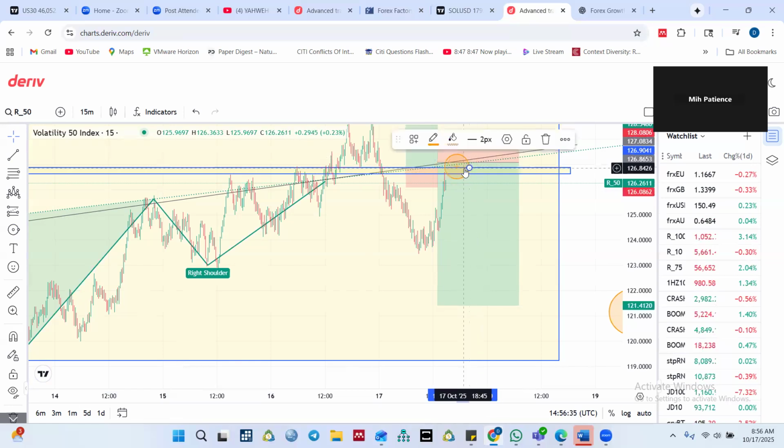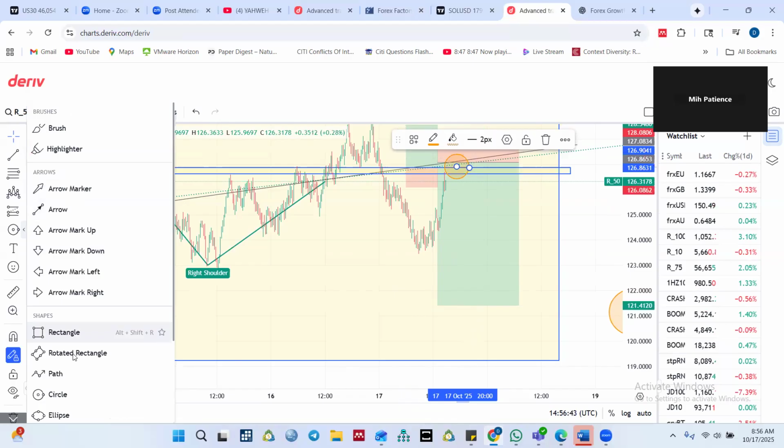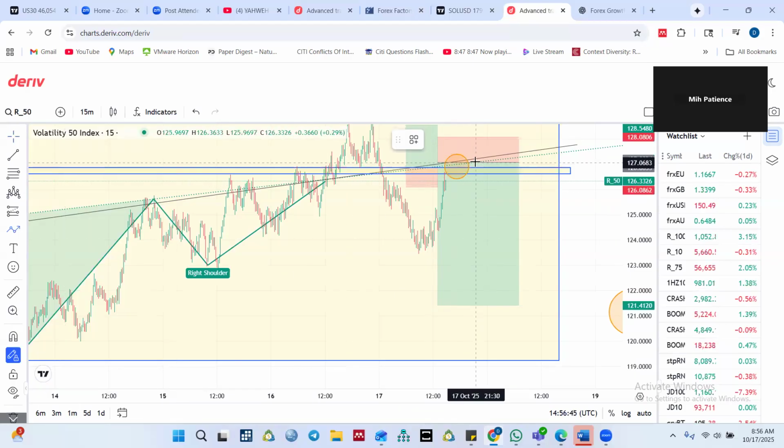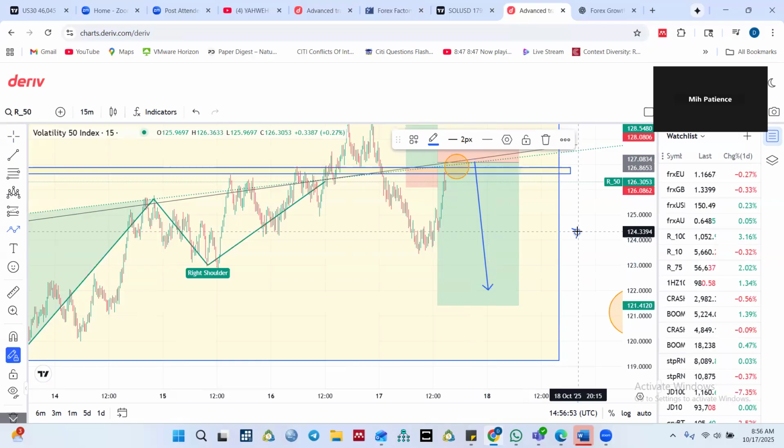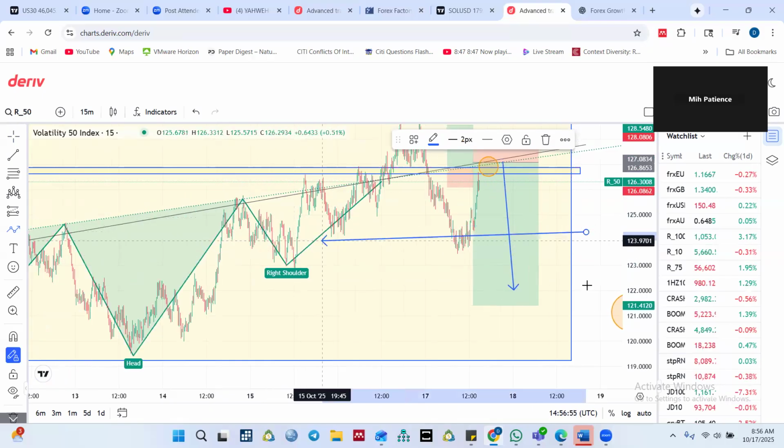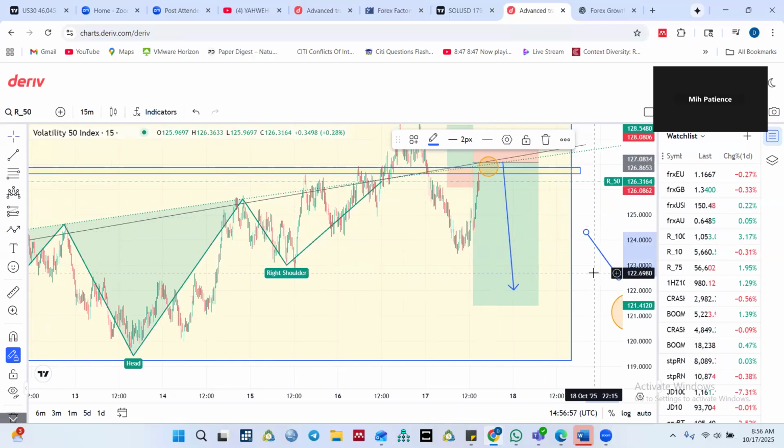If we consistently stay below this area, then that is going to give us the sell movement. Do you get the point? Yes, sir. Good. These are all ways that you can view the market.